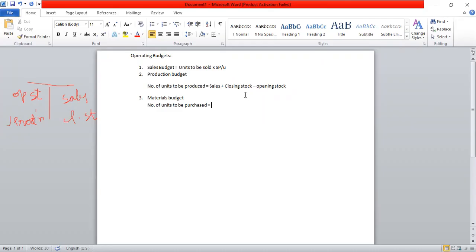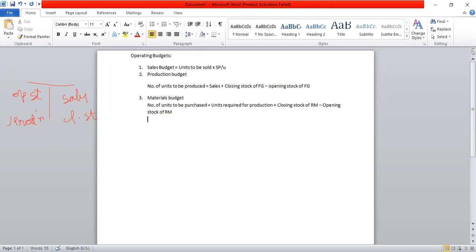In case of production, it is the closing stock and opening stock of finished goods, but here in case of materials, it would be units required for production plus closing stock of raw material minus opening stock of raw material.